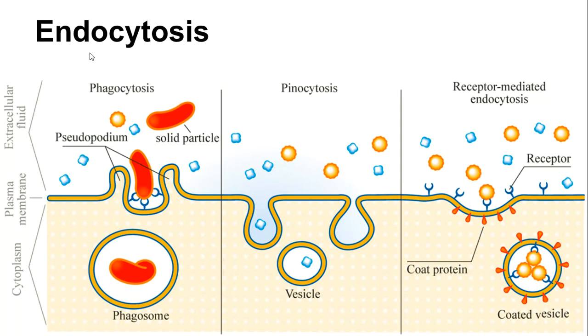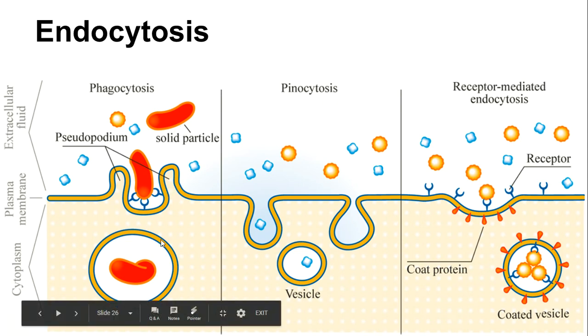Last one we're looking at here is endo, in. So depending on the type of cell, if we're taking in large amounts all at once, like for example, if we would take in a bacteria that we would want to destroy before it destroys us, we would want to keep it isolated from everything else inside of our cell. So we can pick it up and now we put it in its own vesicle.